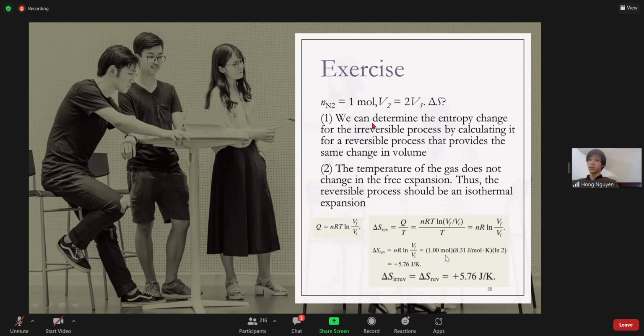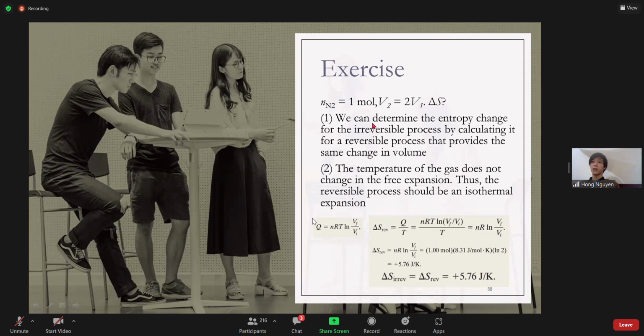So the change in entropy for our reversible isothermal expansion is this one. Good. And finally, we have the change in entropy for our irreversible process. I mean, our free expansion process here is still the same. Is it okay?